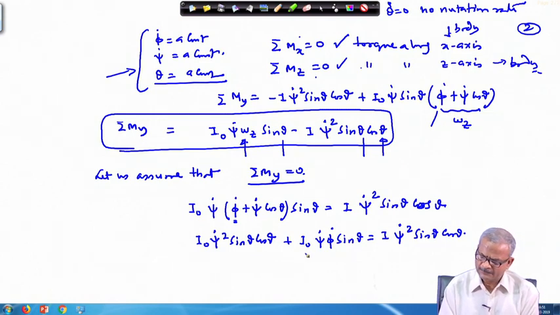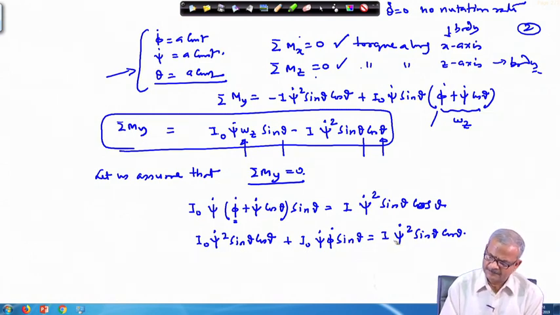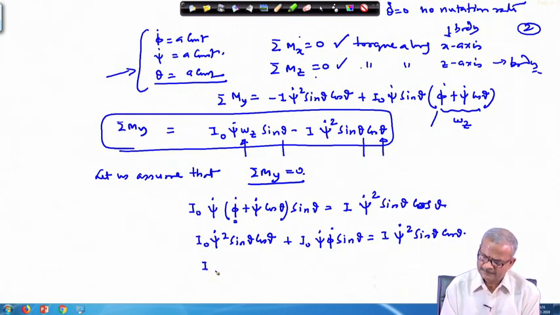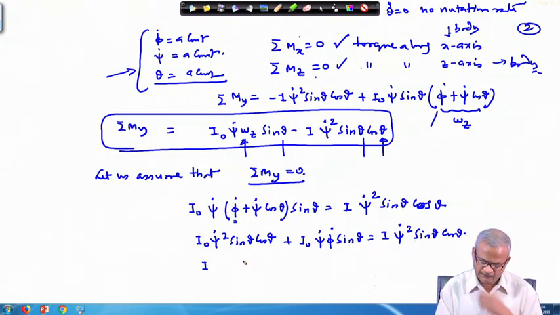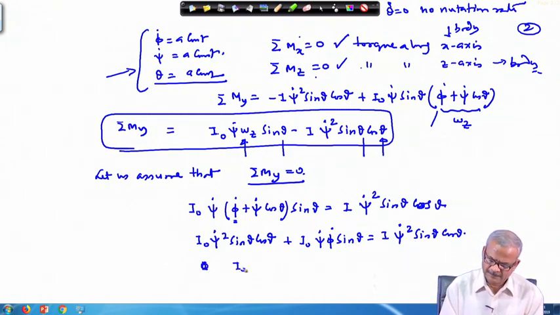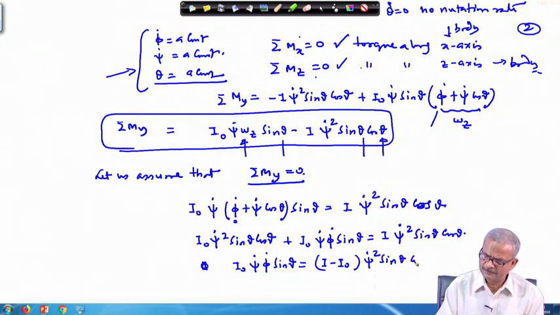And what we are interested in, let us first take psi dot. These terms we are going to rearrange. So, we will write this as I0 psi dot phi dot sin theta equal to (I − I0) psi dot square sin theta cos theta.